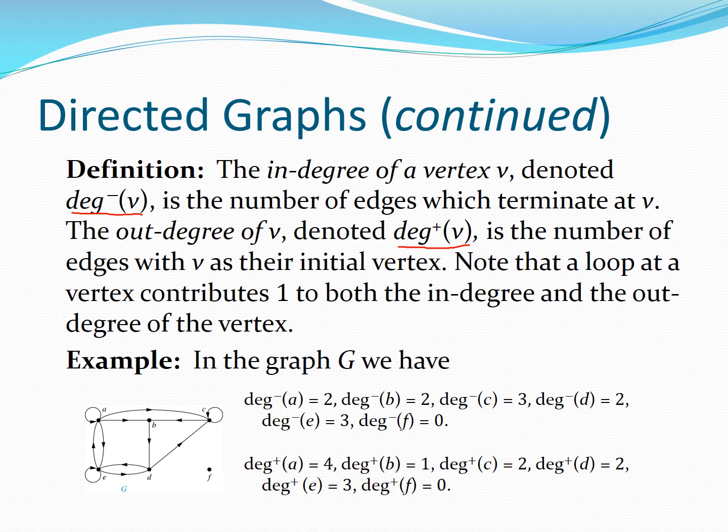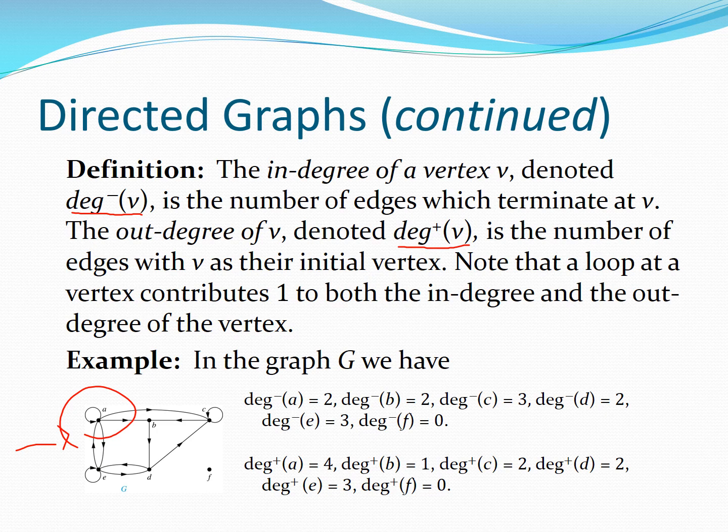Let's look at an example here. We have an example graph G. Every vertex is going to have an in degree and an out degree associated with it. Let's take the example of vertex A. Let's look at how many edges are coming into A, which gives us the in degree of A. You have a loop going out from A and coming into A, so you count 1 there.